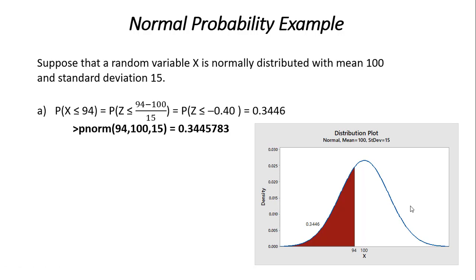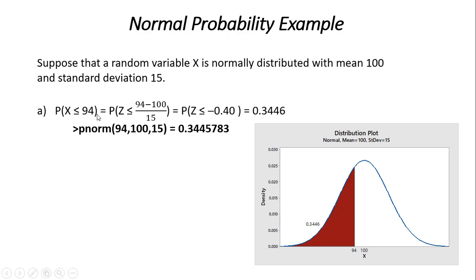As an example, suppose x is a random variable that's normally distributed, mean 100, standard deviation 15. If we wanted the probability x is less than or equal to 94, typically we may work this out by converting this to the standard normal distribution. We find the z-score, 94 minus 100 over 15.